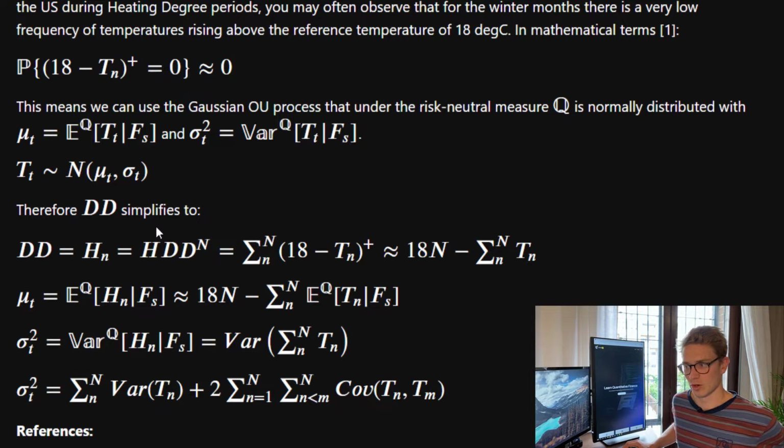Therefore, our heating degree days simplifies to 18 times the number of days that we have minus the summation of the temperature over all those single days. If you apply that to the expectation under the risk neutral measure, mu is approximately equal to 18 times n minus the summation of the expectation under the risk neutral measure for all the days of the temperature.